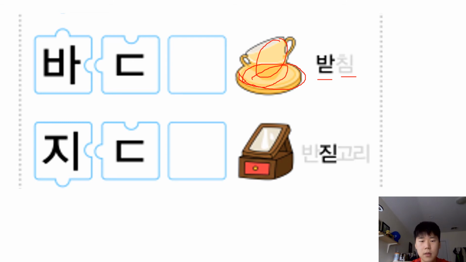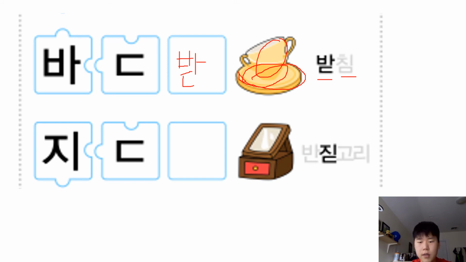파 plus 티귿 equals 밭. And then 반지꼬리, which means like a placeholder for your jewelry, right?